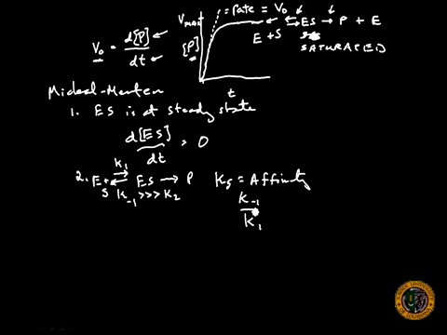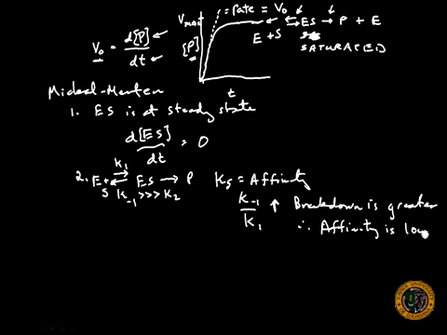So when this ratio is fairly high, that means that our breakdown is greater, and therefore the affinity is low, because if I draw it like this with a big arrow, our enzyme substrate complex tends to want to separate after it forms.